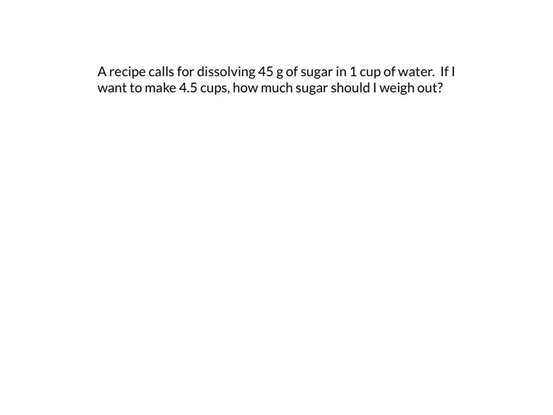A recipe calls for dissolving 45 grams of sugar in 1 cup of water. If I want to make 4.5 cups, how much sugar should I weigh out? So in this case, we know that 45 grams of sugar is in 1 cup of water. So if 45 grams is to 1 cup, then how many grams is to 4.5 cups?